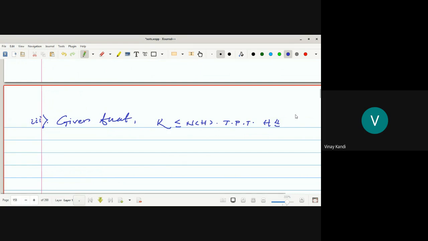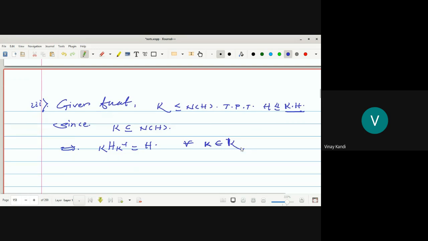Here N of H denotes the normalizer of H. Since K is a subgroup of the normalizer of H, K is contained in the normalizer of H. This implies small k, capital H, small k inverse is equal to capital H, for all small k belongs to capital K, by the definition.